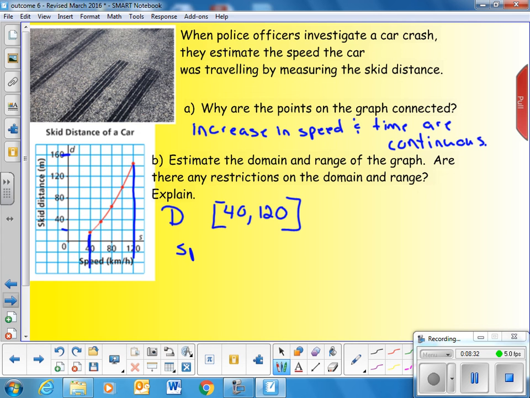Speed has to be positive values. Doesn't make sense to have a negative speed. There would also be a maximum speed that the car could travel.